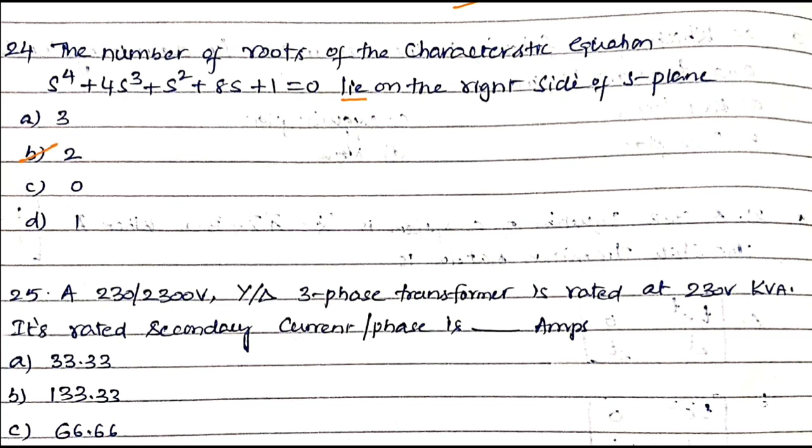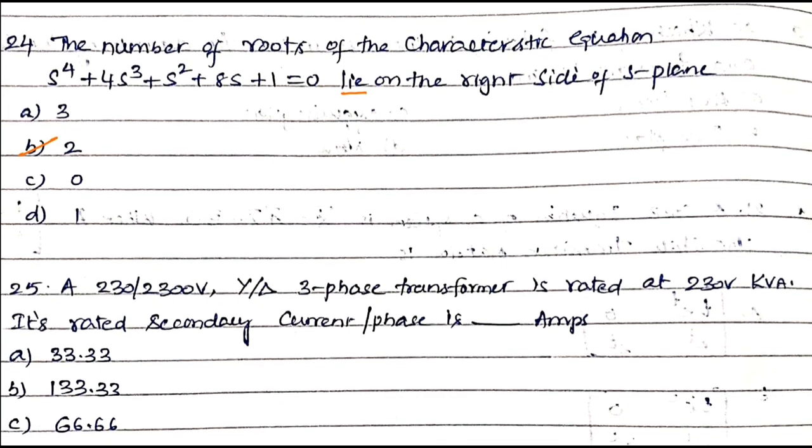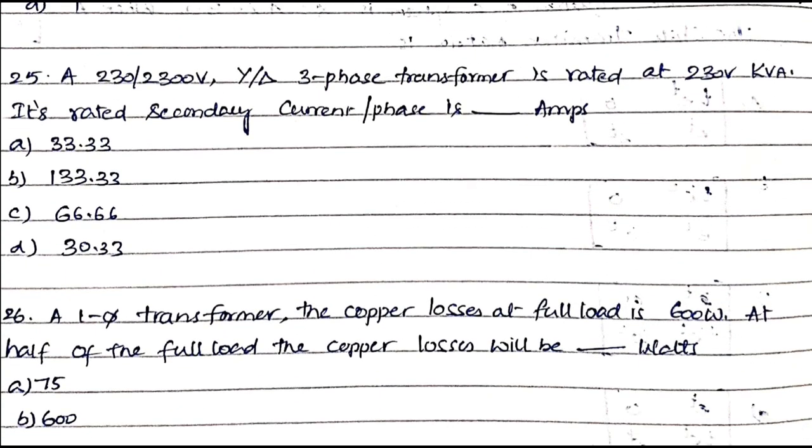Okay, next one, the 230 volt by 2300 volt star delta three phase transformer is rated at 230 kVA. Its rated secondary current per phase will be, okay, so first, they given star to delta, no? So let me take the power on the secondary side. How much kVA they given?